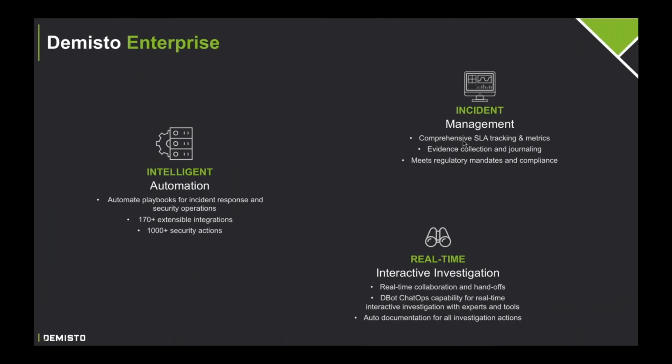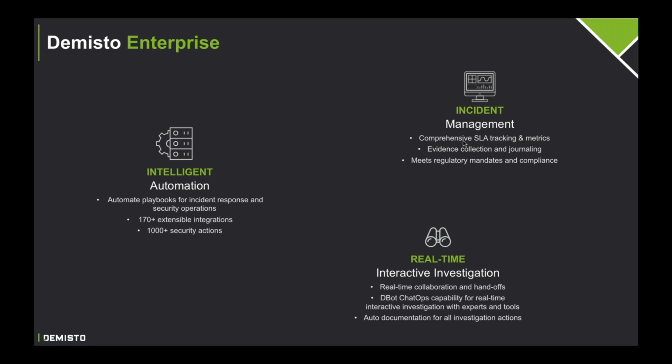So how does Demisto do it? Demisto has one of the largest extensible integrations with almost all the security products, as well as cloud platforms like AWS. So we have hundreds of extensible integrations built into Demisto, ready to get started for the analyst to plug and play.